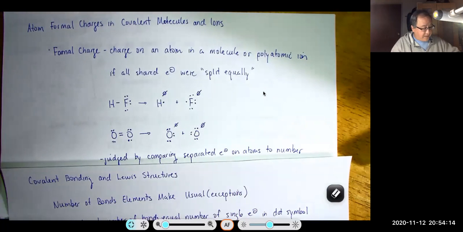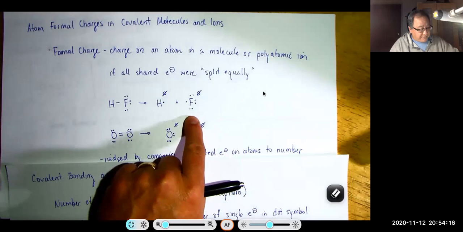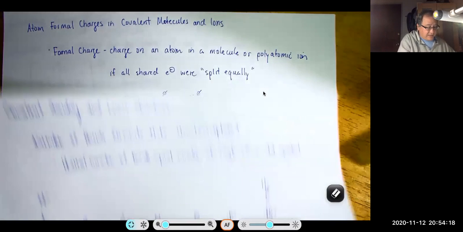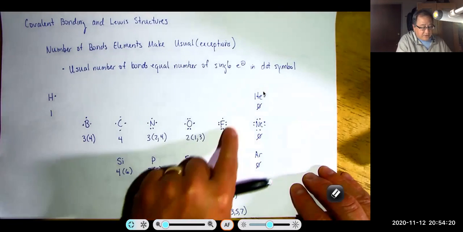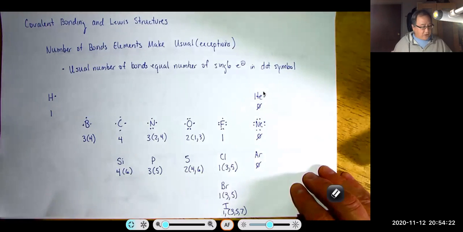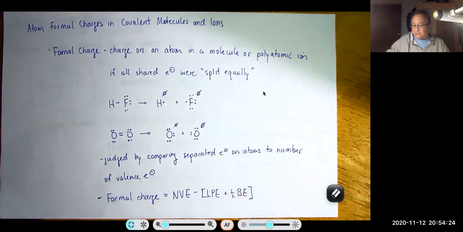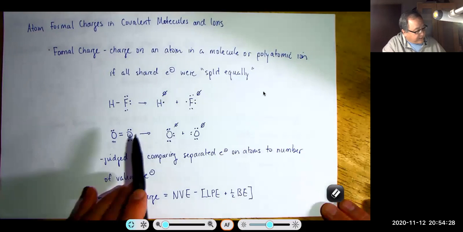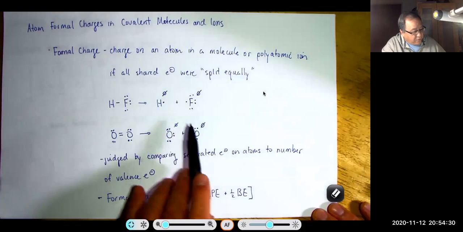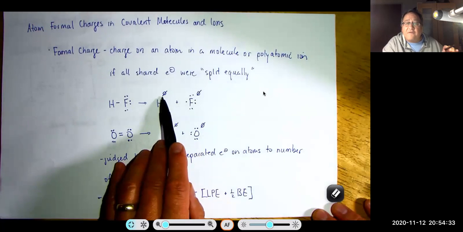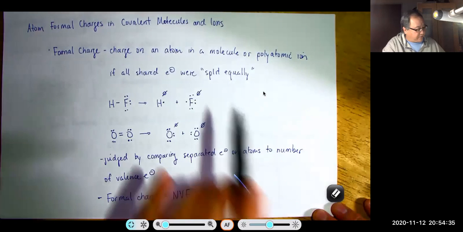It's neutral. How about this fluorine with 7 valence electrons? With 7 valence electrons, it's neutral. So this is also a charge of 0. Normally, when you split them equally, hopefully you end up with a formal charge of 0.